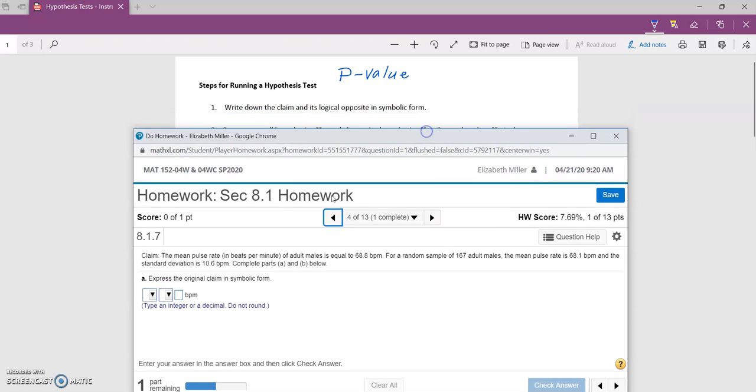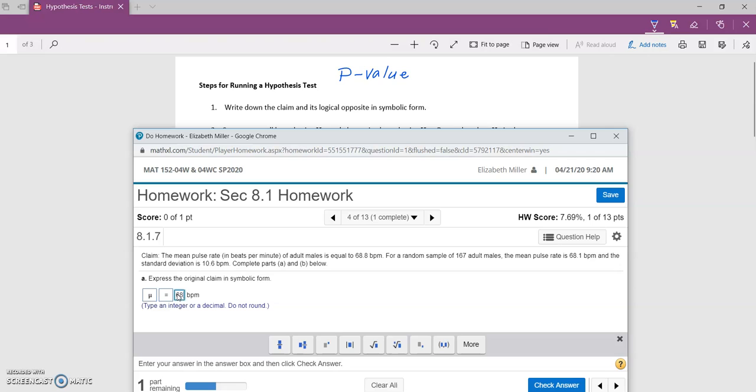So the claim is about the mean, and since the claim is about the mean, we're going to use mu. And it's claiming that it's equal to 68.8. So the claim is that it is equal to 68.8.